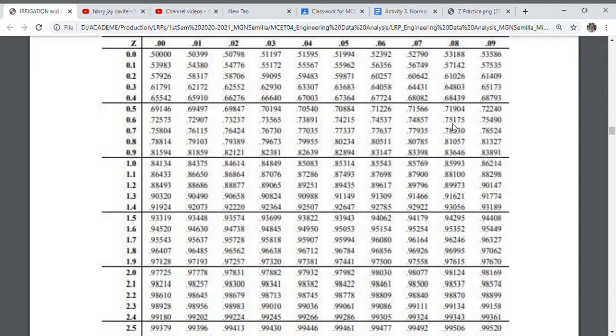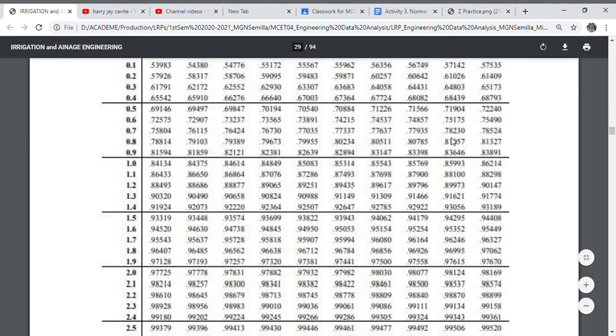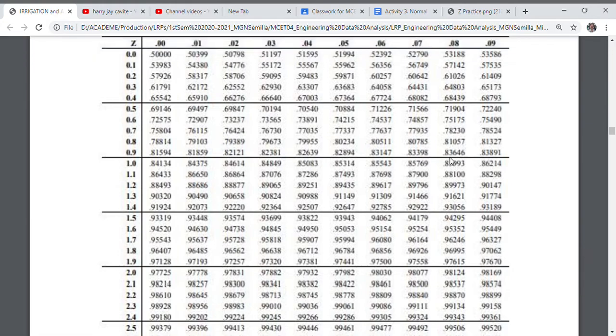So getting the Z at 0.75, we could have 0.67 or 0.68, or interpolating these two, you get a value somewhere between 0.67 and 0.68, so it could be 0.674, 0.675, or 0.676.